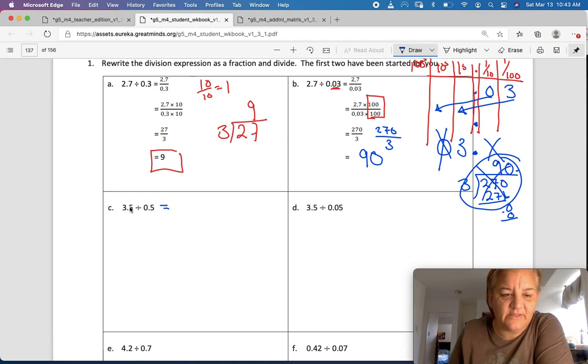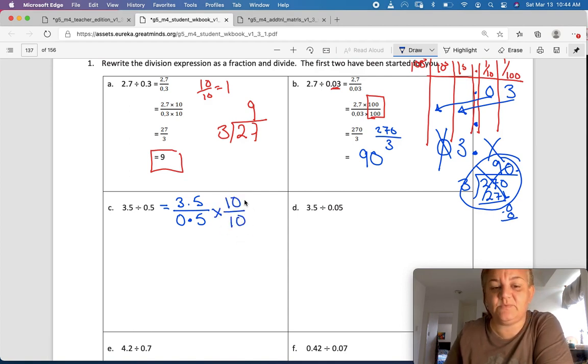So here, 3 and 5/10 over 5/10. Okay. Now, what can I multiply that by to move the decimal over 1 space? Just 1 space. Well, if it's just 1 space, I can multiply it by 10 over 10, which doesn't change the value because 10 over 10 equals 1.